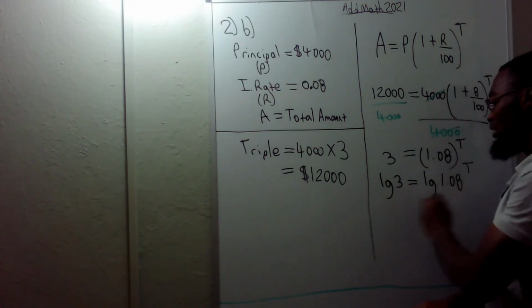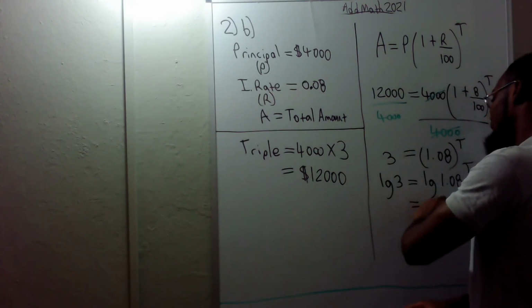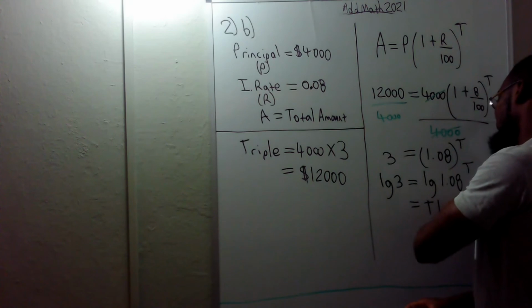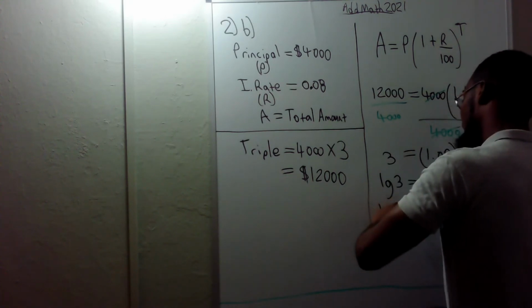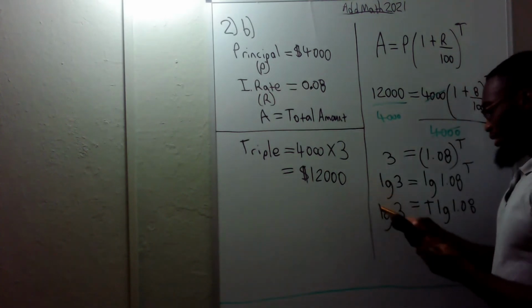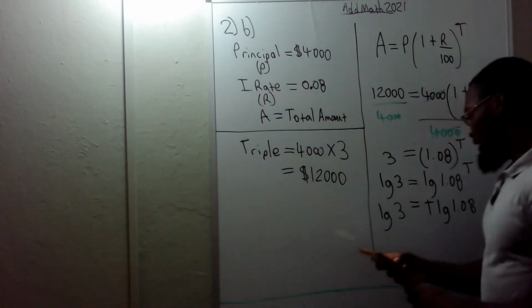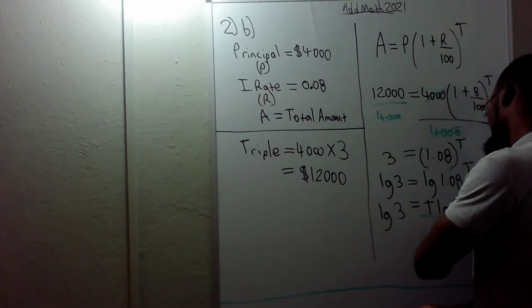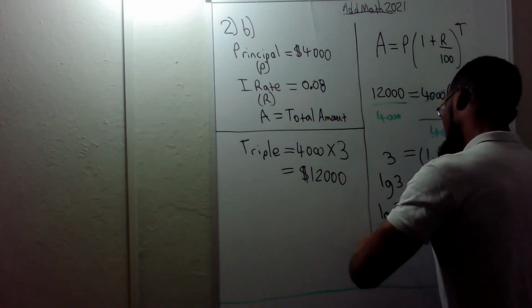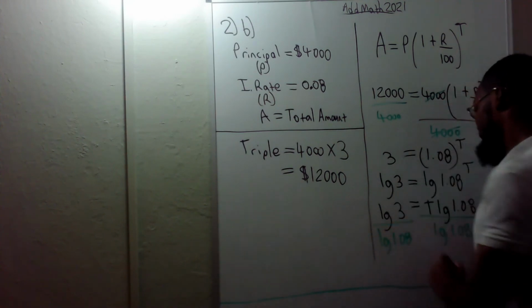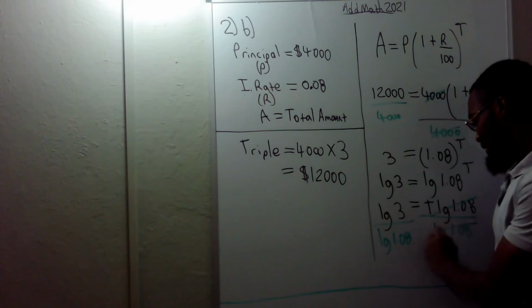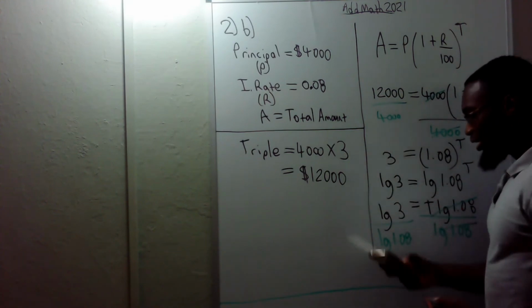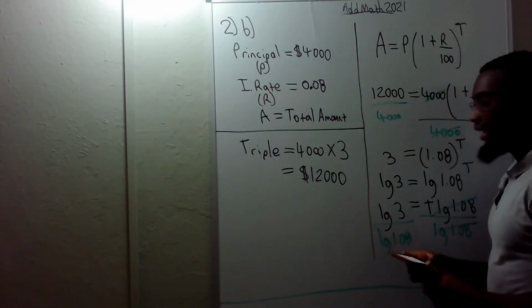But by the rule of logarithms, we can bring this down: t log 1.08 is the log of 3. And then all we need to do is divide by the log of 1.08. This cancels this, so t is log 3 over the log of 1.08.